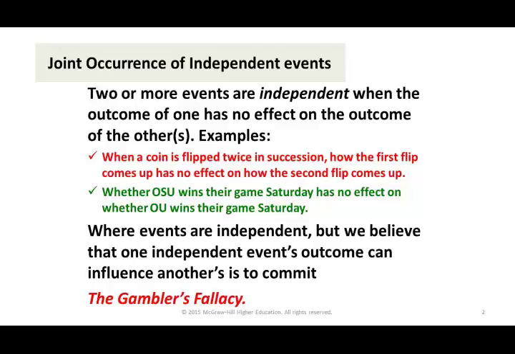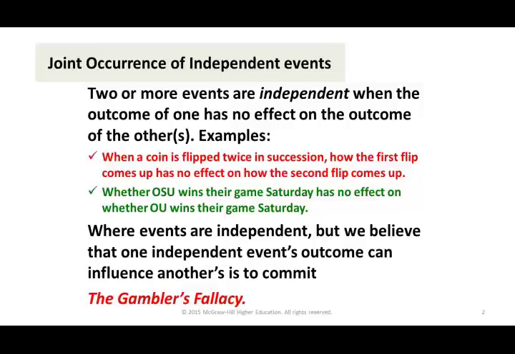So roll 1, the odds I'll get a 6 are 1 in 6. Roll 2, the odds I'll get a 6 are 1 in 6. Those two events are independent of one another. That is, the odds that I'll roll a 6 the second time do not go up or down because I rolled a 6 the first time. They are completely independent events.